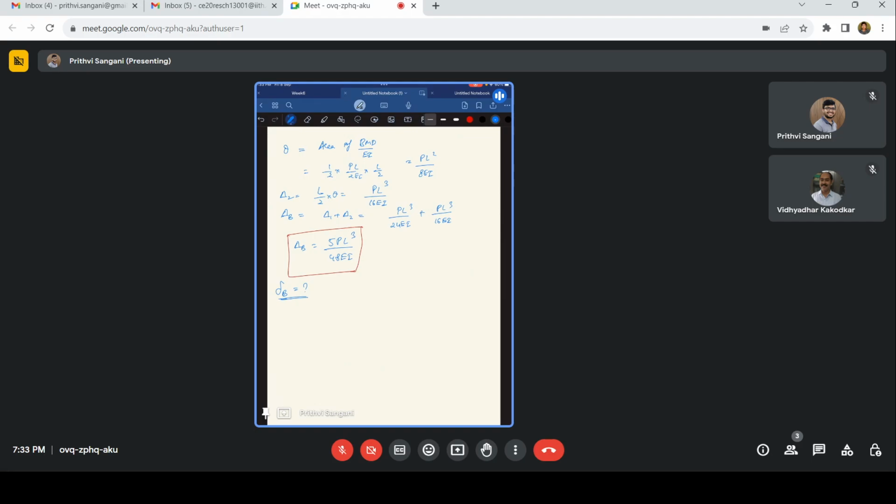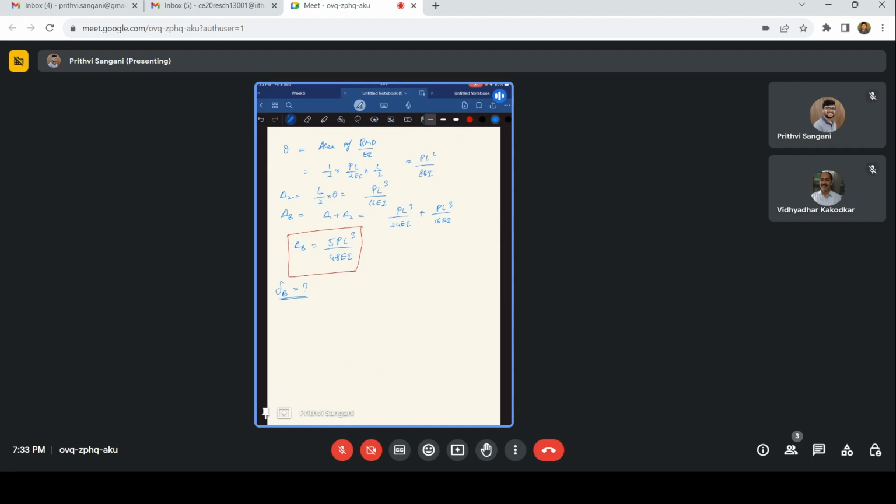What about kinematic indeterminacy? Kinematic is similar. For example, I'll take the same portal frame. So far we have been discussing only the reaction forces, right? There are also the displacements in the beam or the frames.